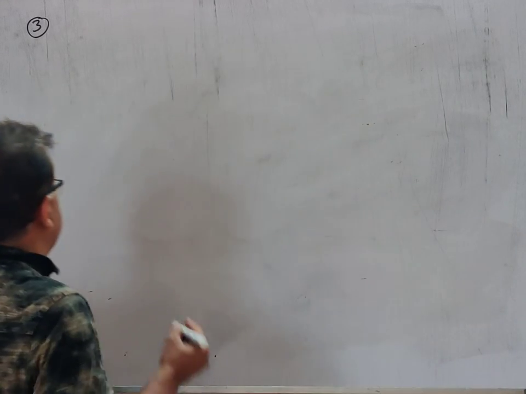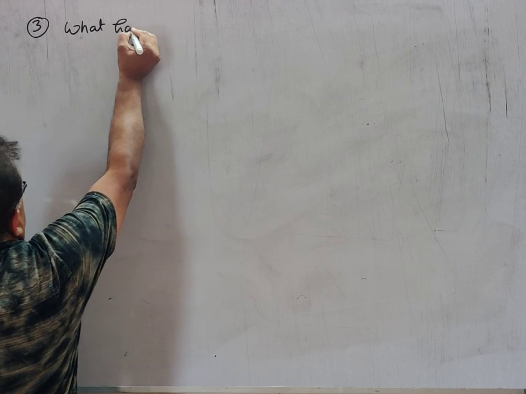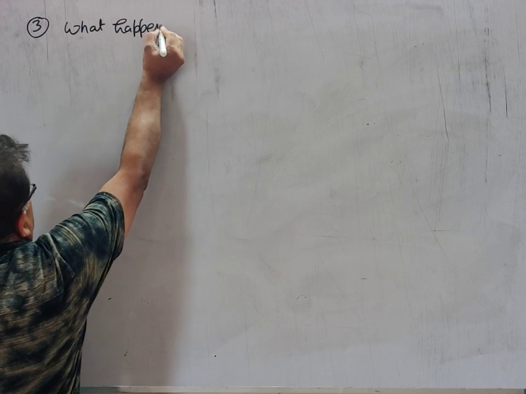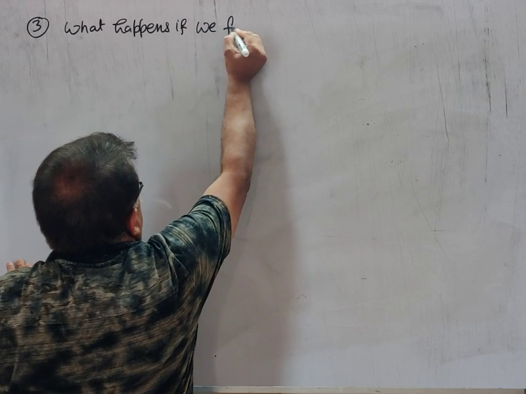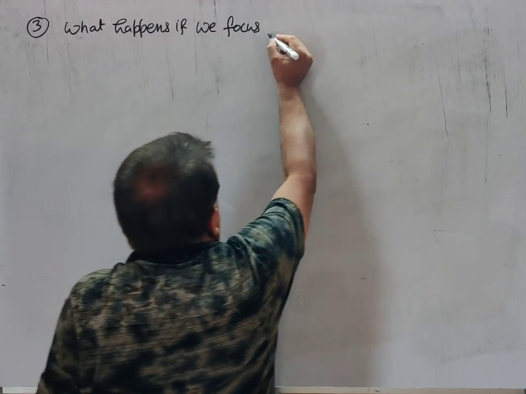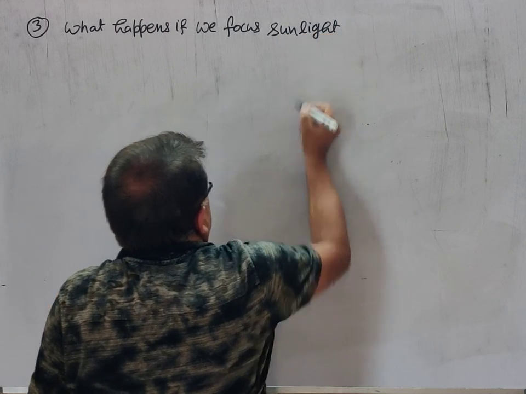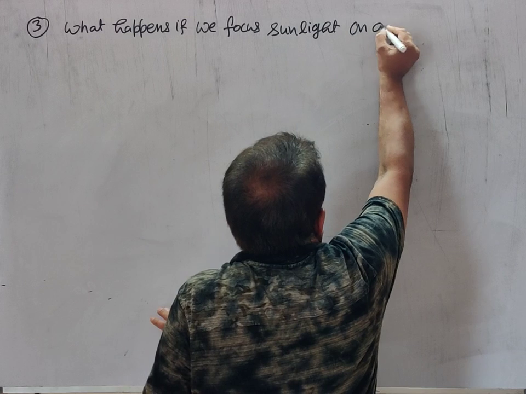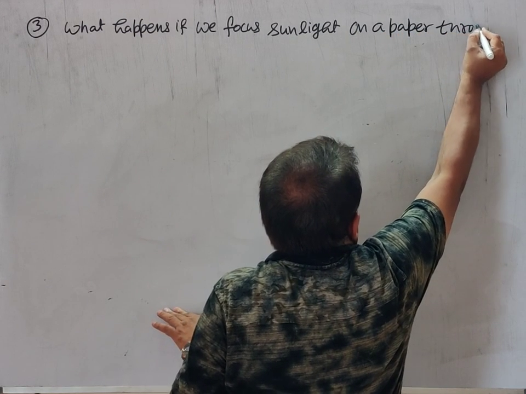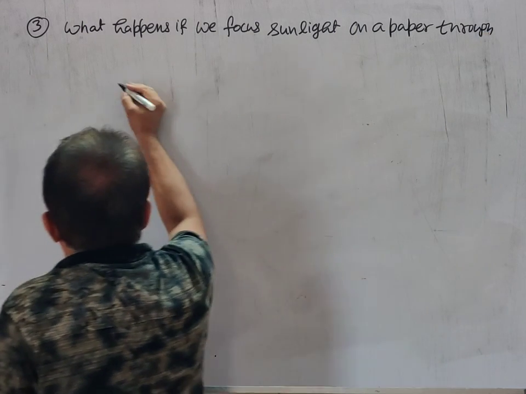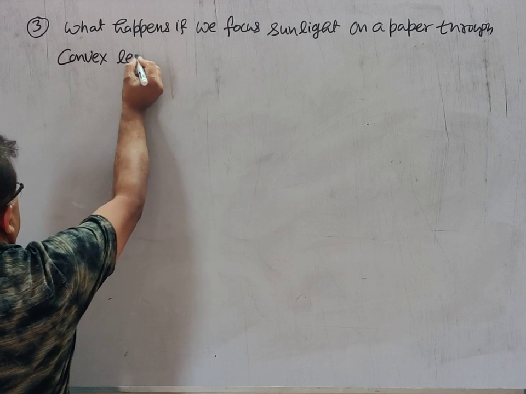So what happens if we focus sunlight on a paper through convex lens?